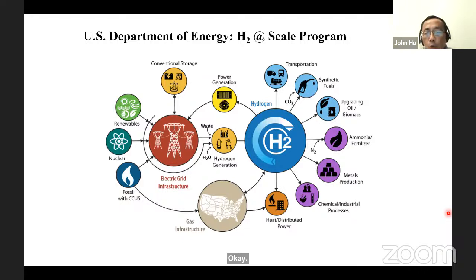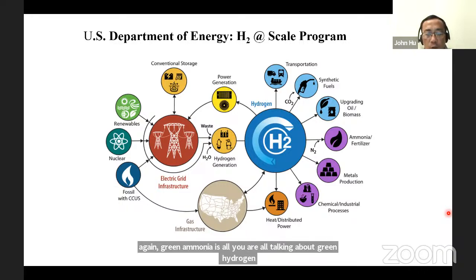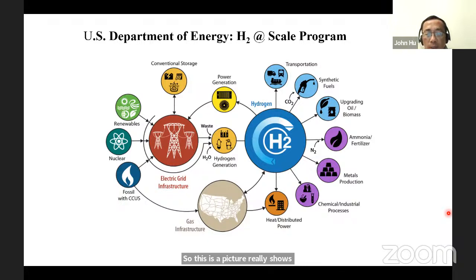So again, green ammonia, you are all talking about green hydrogen. This picture really shows that the U.S. Department of Energy spent a lot of money and effort on a program called Hydrogen at Scale. Actually, I got research funding from this program, and also the hydrogen is color coded.